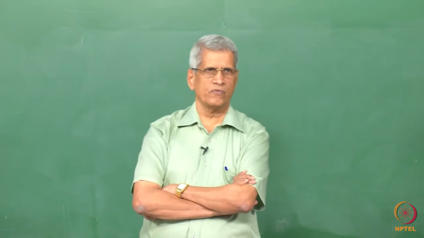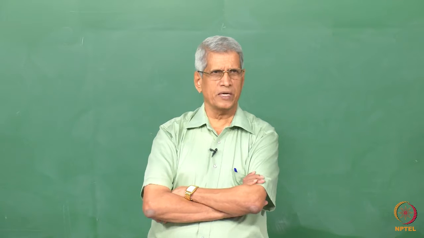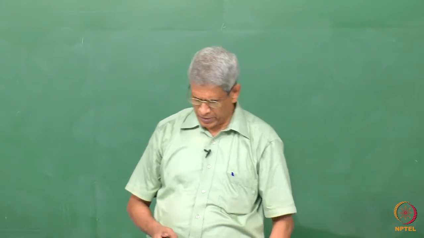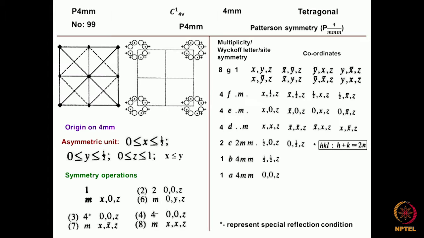What I am considering today is one typical example which I had mentioned in the last class also, essentially space group 4 having P4mm symmetry. When we consider P4mm symmetry, it's essentially a tetragonal structure.